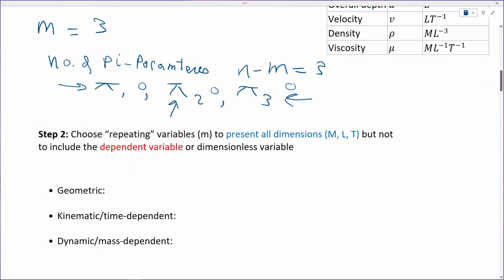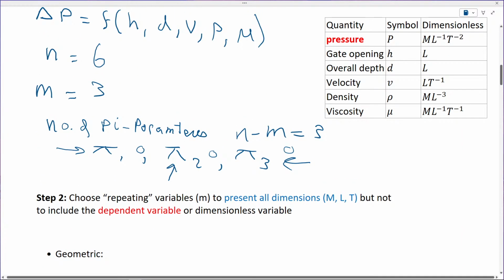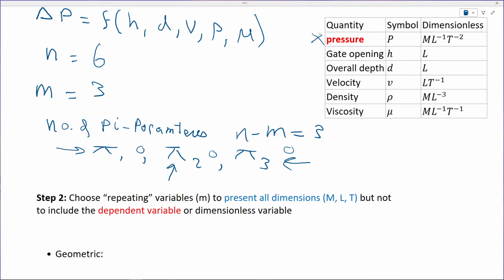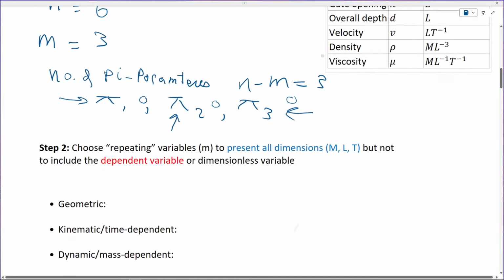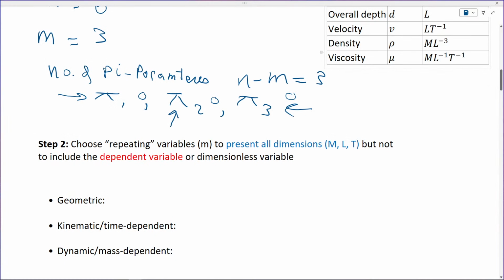So remember how to choose the repeating variables. It is always recommended not to choose your dependent variable as your repeating variable. So we can get rid of this one. So we can choose three of these. It is required that your three repeating variables should include your three dimensions: mass, length, and time.